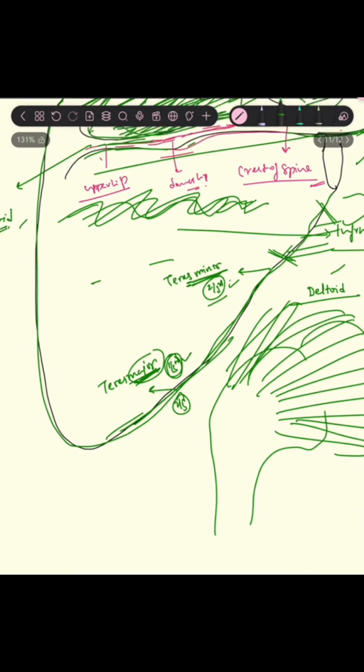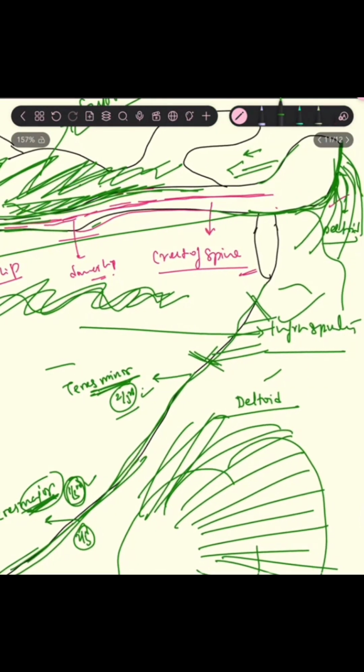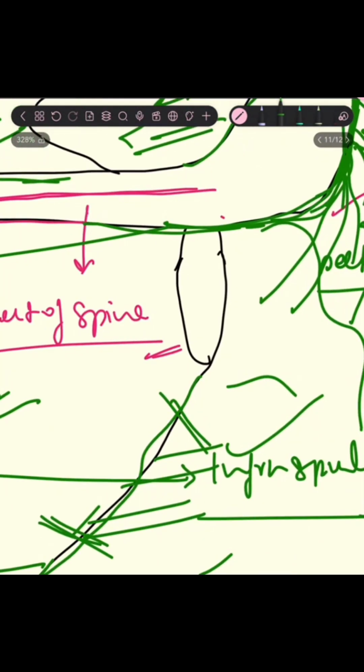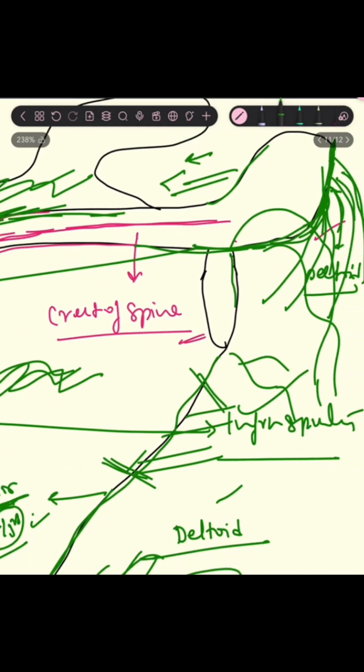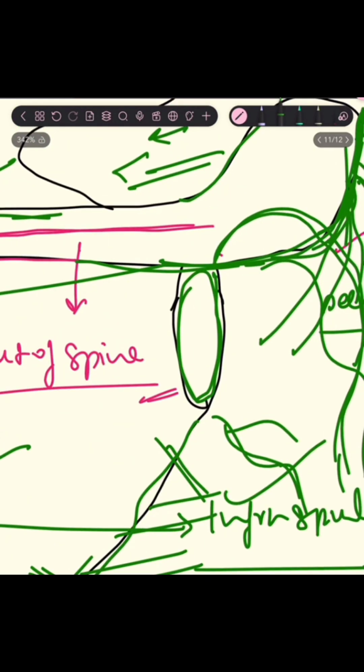Next comes our biceps brachii, triceps and coracobrachialis muscle. Now this is a glenoid joint, glenohumeral joint you call it. Gleno in the sense this is a glenoid cavity that we have, and this is a humerus part. So this glenohumeral joint, we take the scapula part of it.